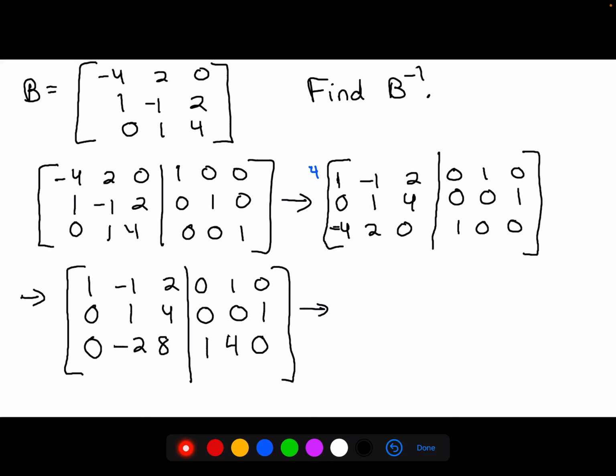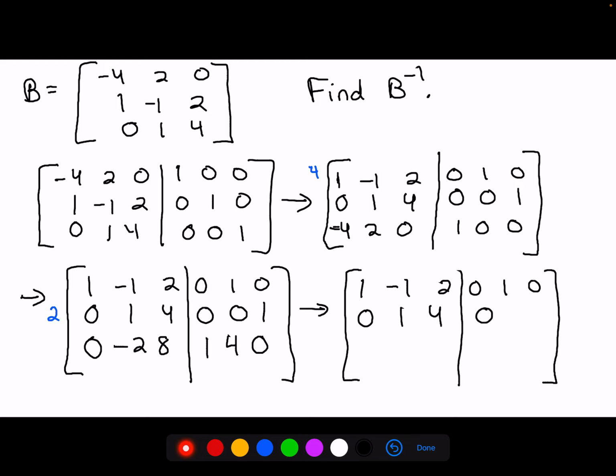Next, I worried about getting a 0 in row 3, column 2. So I must have taken row 2 and multiplied that by 2 and then added it to row 3. So for now, row 1 is staying the same. Row 2 is actually staying the same.